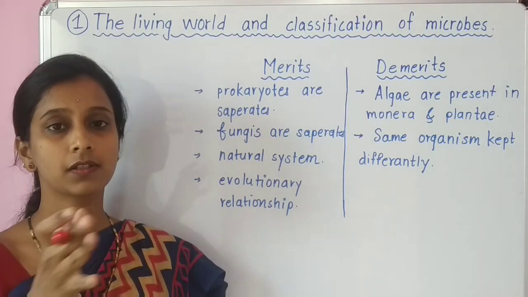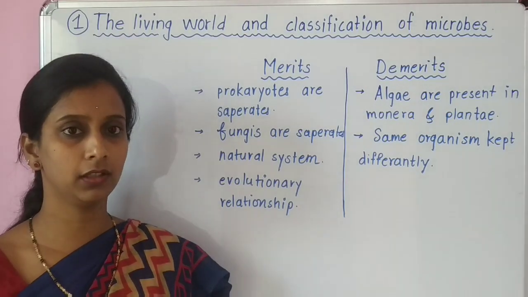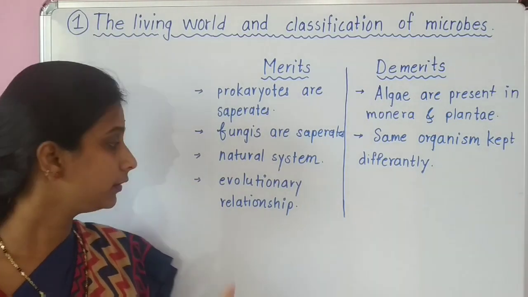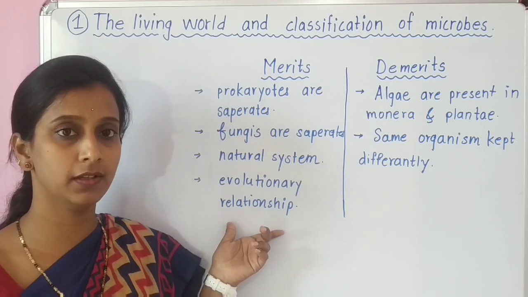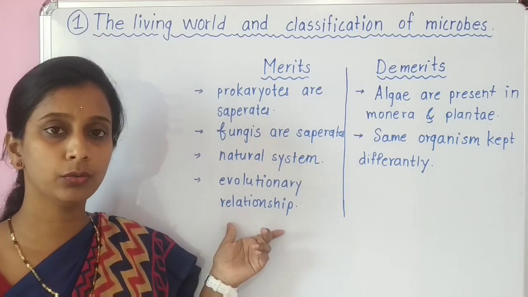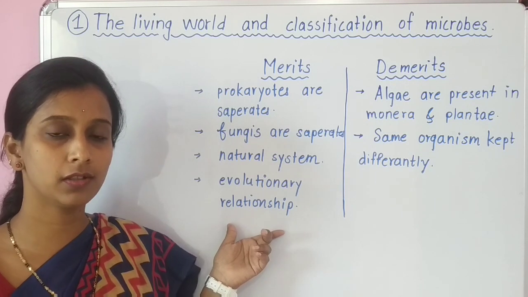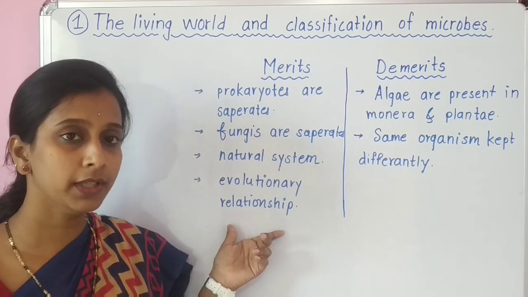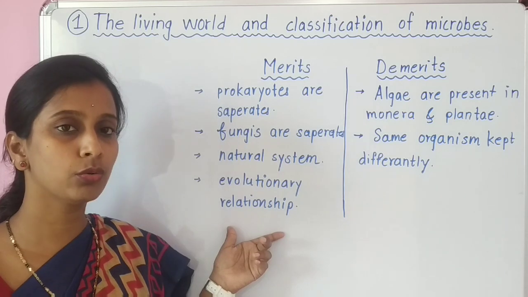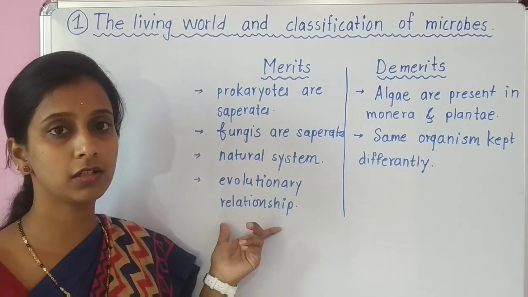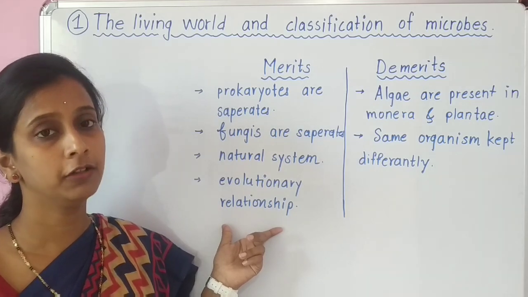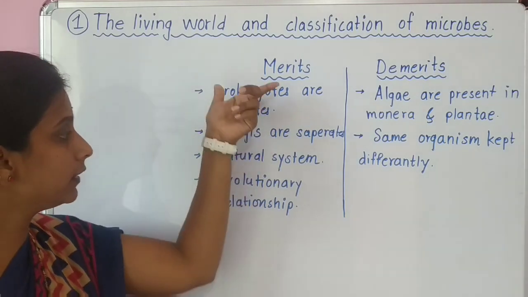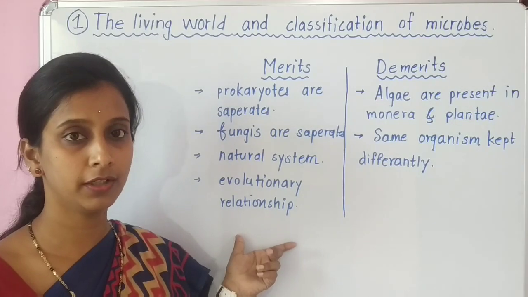If we see the first, second, third, fourth and fifth kingdoms, there is a relationship between the organisms. They go from prokaryote to eukaryote, and unicellular to multicellular. This system shows the evolutionary relationship between the organisms from the first kingdom to the fifth kingdom. So these are the merits of the five kingdom system.